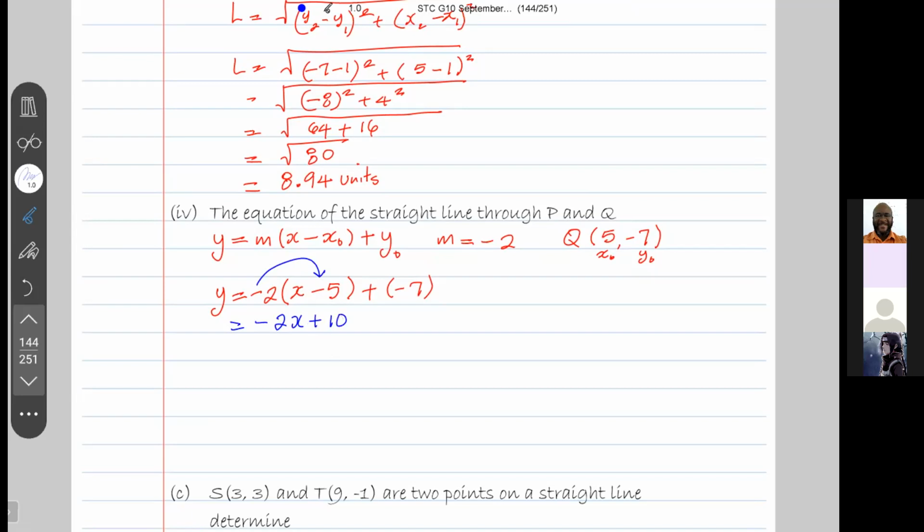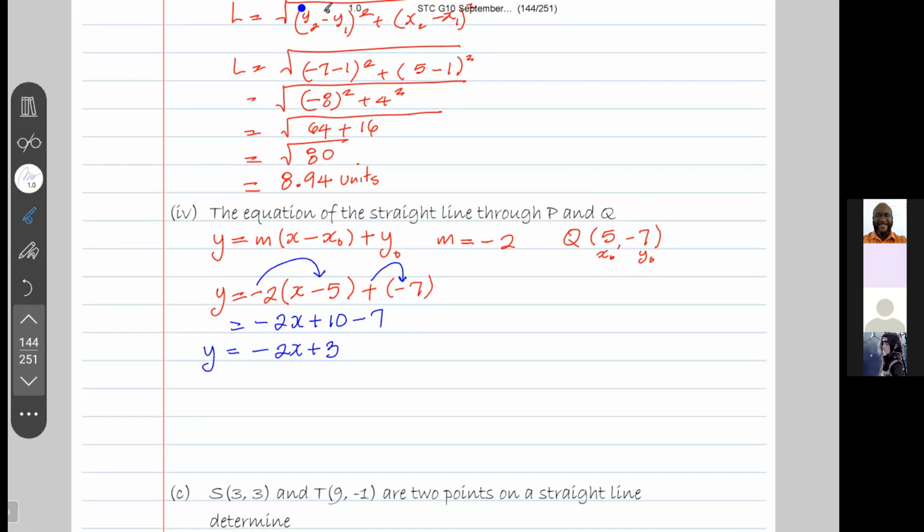A negative times a negative is a positive. A positive times a negative is -7. Y is equal to -2x plus 10 minus 7 plus 3, which is the equation of the straight line passing through P and Q, exactly what I said to you guys.